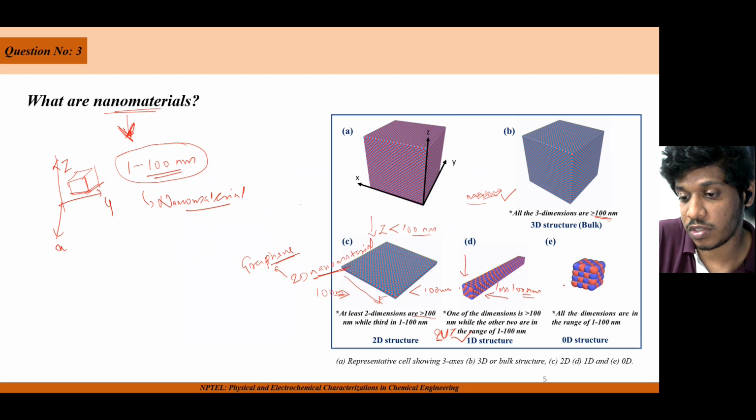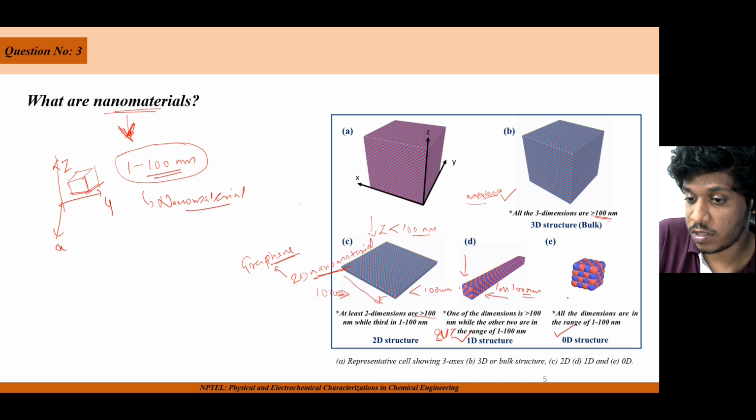And in a zero dimensional structure, that is a 0D structure, all the dimensions x, y, and z have size less than 100 nanometer. An example for this is quantum dots.